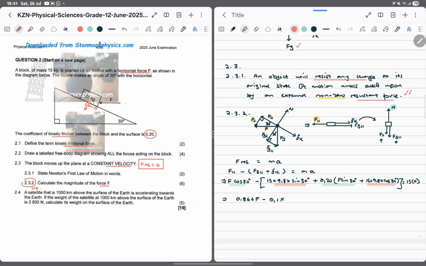But remember, this one is dragging this guy as well. So we're going to add those up. So we've got 15 times 9,8 times the sine of 30 plus 0,20 into 15 times 9,8 times the cos of 30.